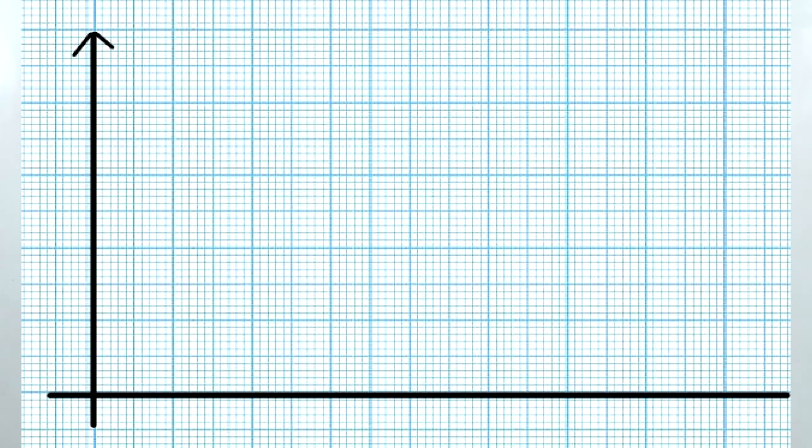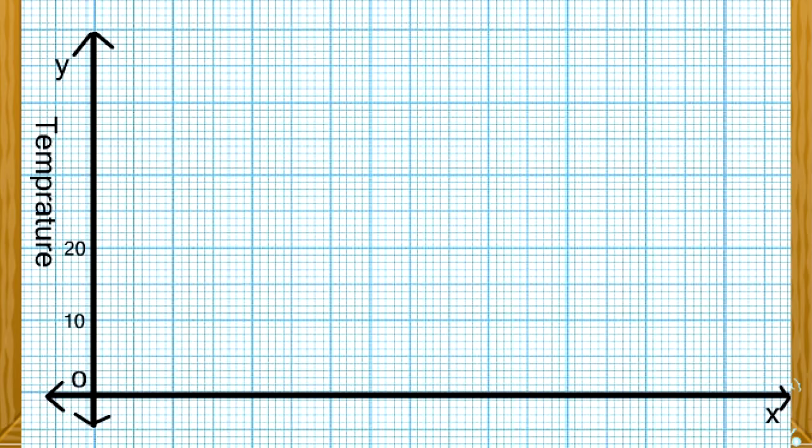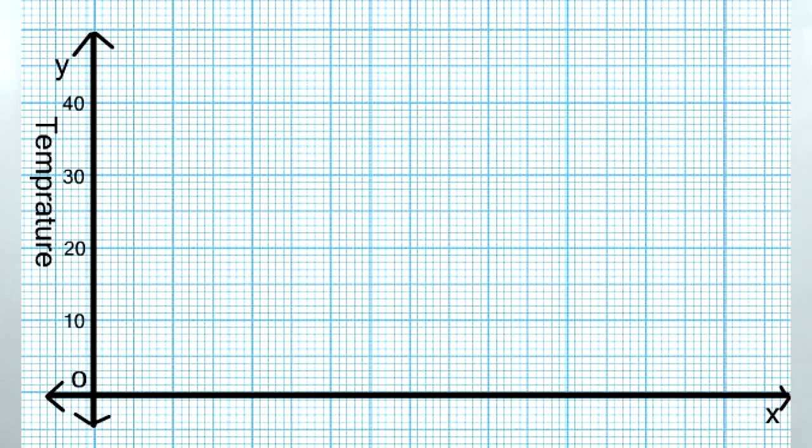First, we will draw x-axis and y-axis, and the point of intersection is O. On y-axis, we will represent the temperature with the scale 1 centimeter is equal to 10 degrees Celsius.